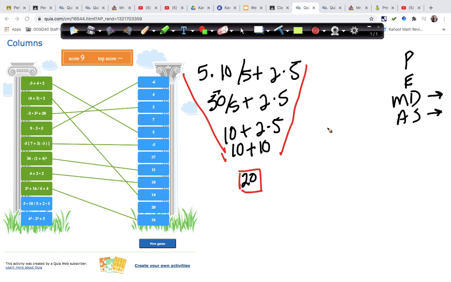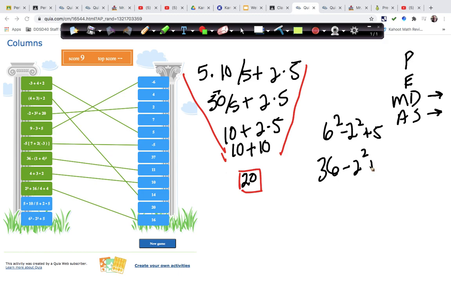And the last one is 6 squared minus 2 squared times 5, or that's plus 5. Plus 5. So there's no parentheses. I'm going to do the exponents. I'm just going to do one at a time. This is 36 minus 2 squared.